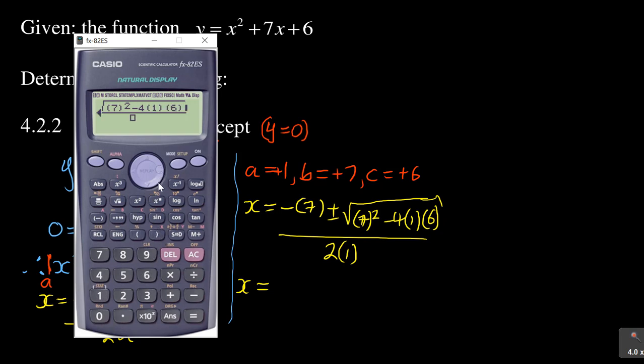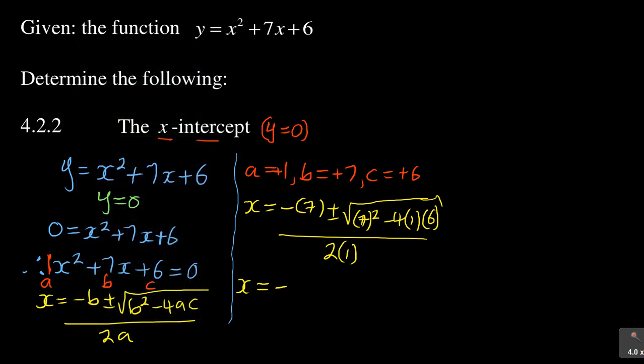As you can see, that's how you enter it, and then over 2 into 1 like that. So you can see the first answer that you get, x will be equal to minus 1, and you can play back and change from that to the negative. So the first one was minus 1, now change to the negative, and the other one is minus 6.